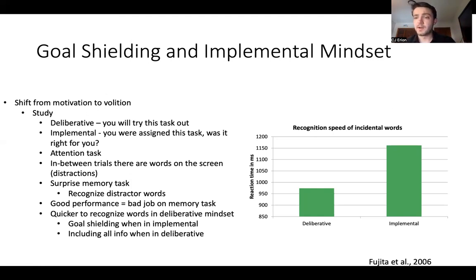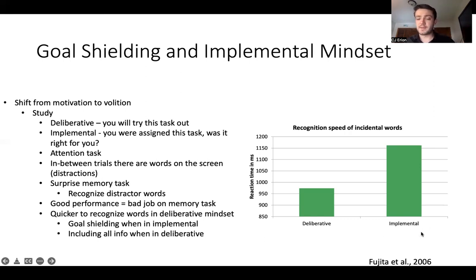So their job with this surprise task was to recall as quickly as possible, it's the reaction time here, those distractor words. And so a good performance, a little bit counterintuitive, would be a slower reaction time to these distractor words, because that means that they were focused on the initial attention task and less focused on the distractions.